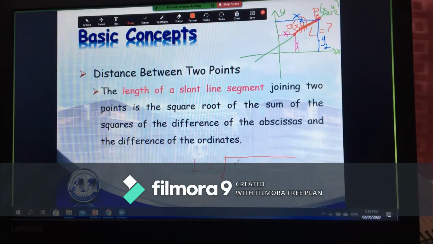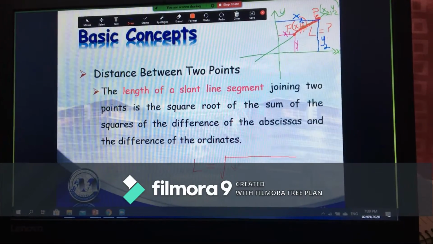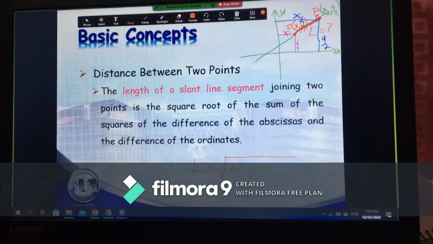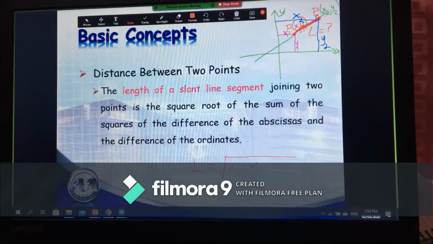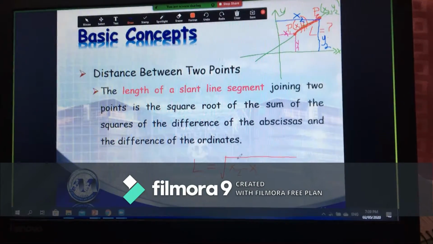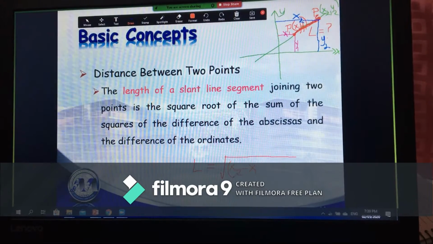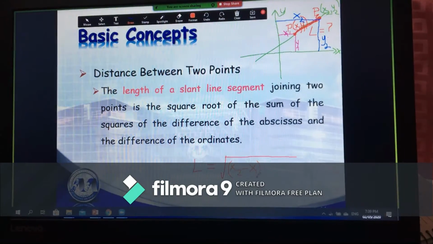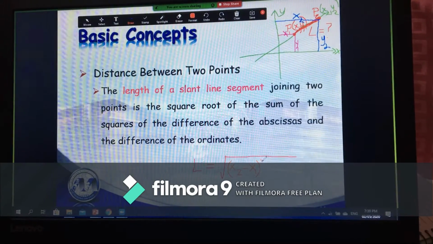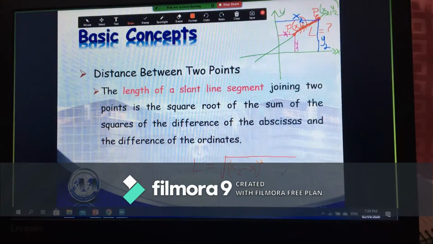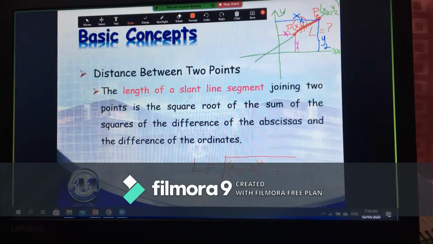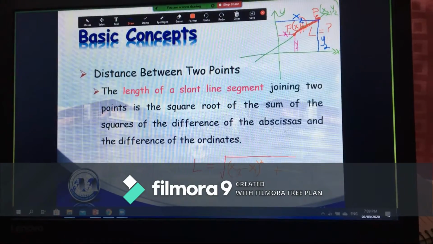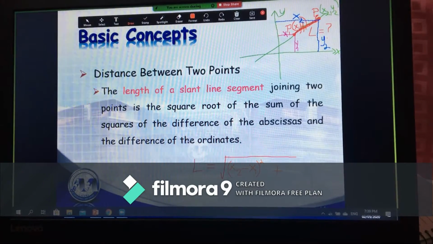So, ibig sabihin, you can have x2 minus x1, then square natin ito, plus, and difference of ordinates.